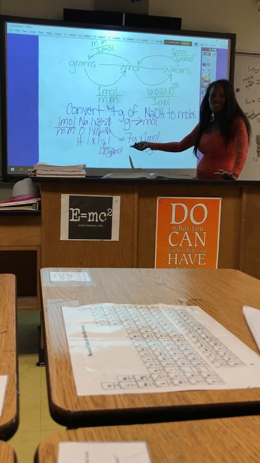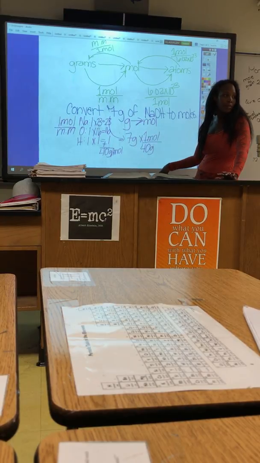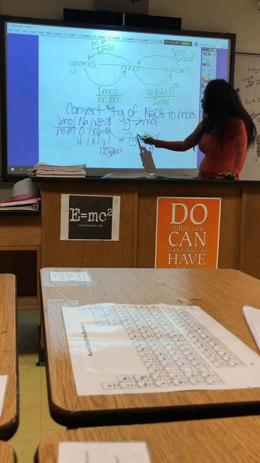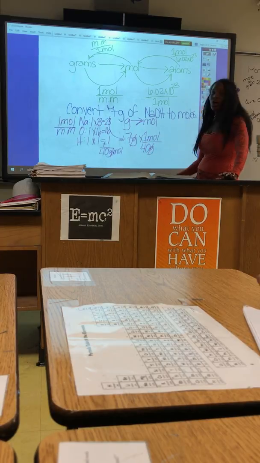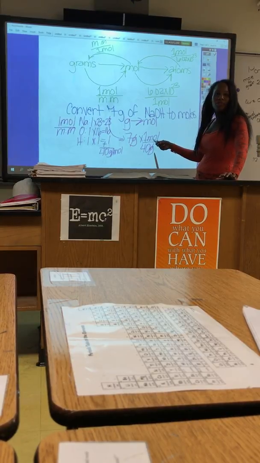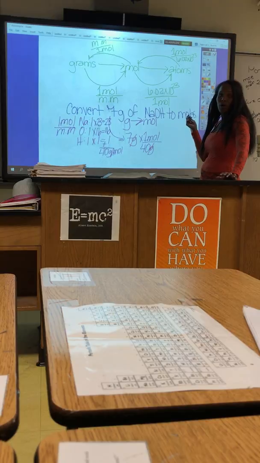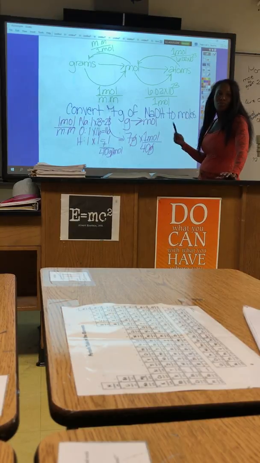Because although this says 7 grams, it's the same as saying 7 over 1. So your grams cancel out. The unit that you should be left with is exactly what you're finding. In this case, we're trying to convert to moles, so we should be left with moles.